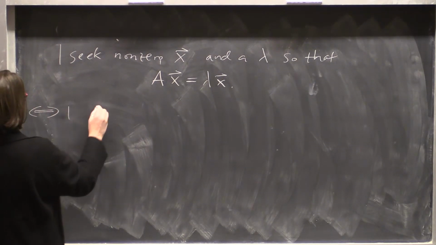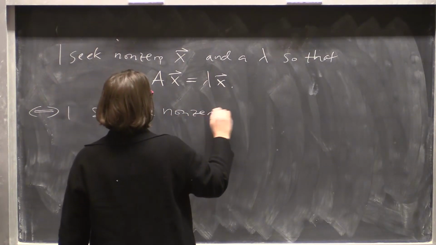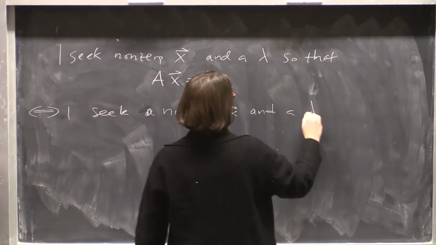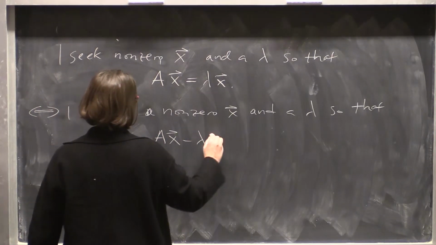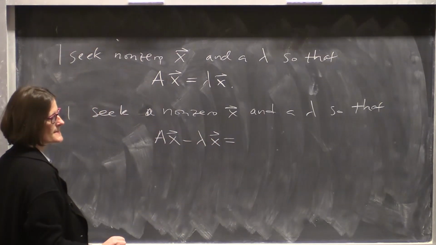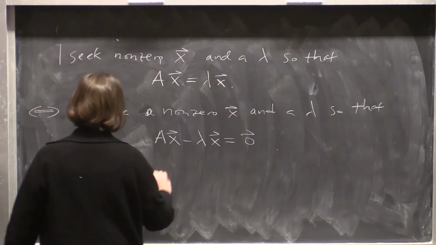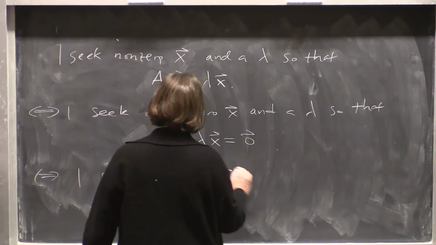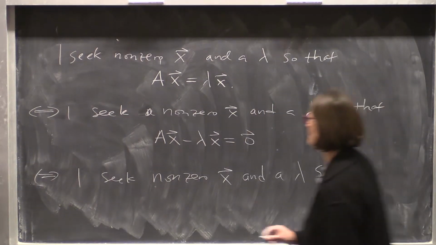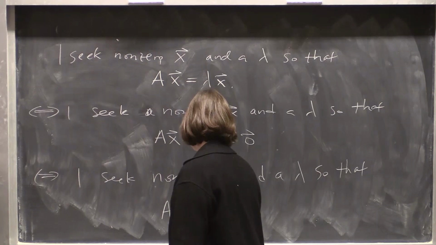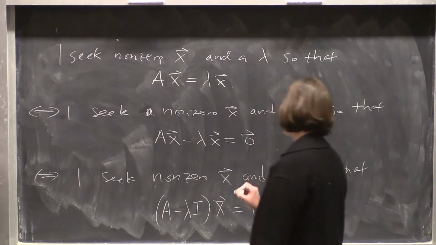That's the same thing as I seek a non-zero x and a lambda so that Ax minus lambda x is what? 0. That's the same thing as I seek a non-zero x and a lambda so that A minus lambda times the identity times x is the 0 vector.